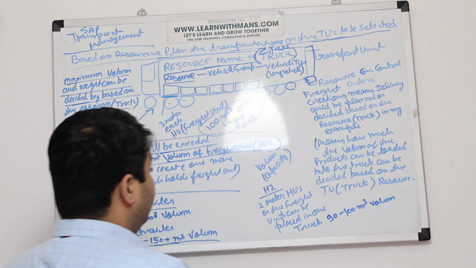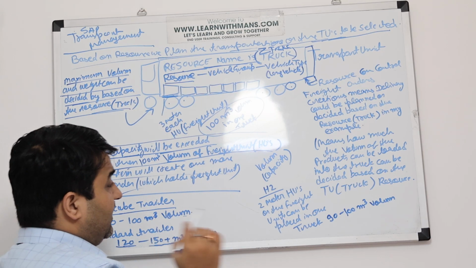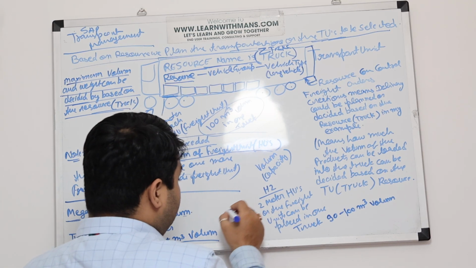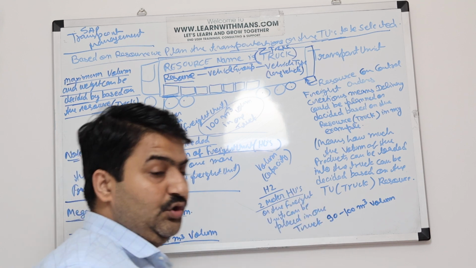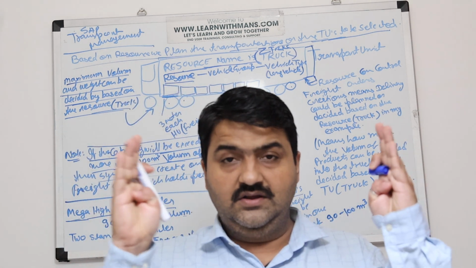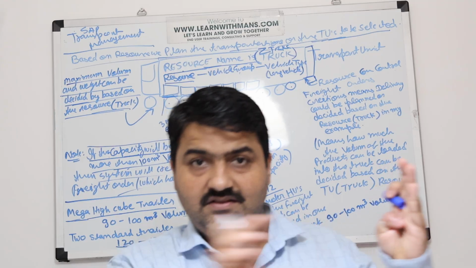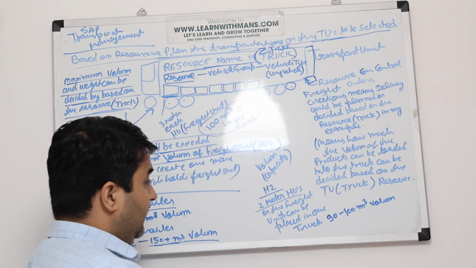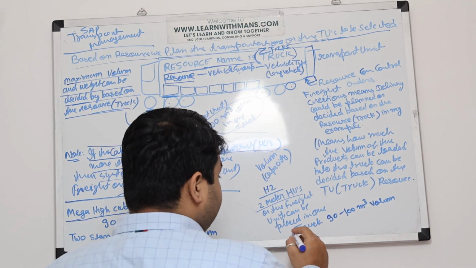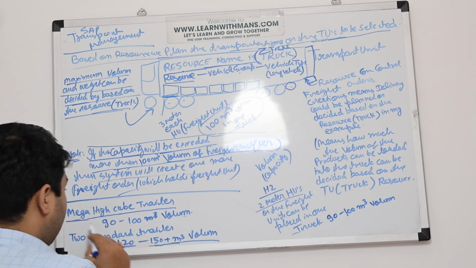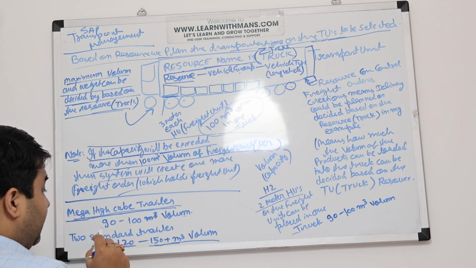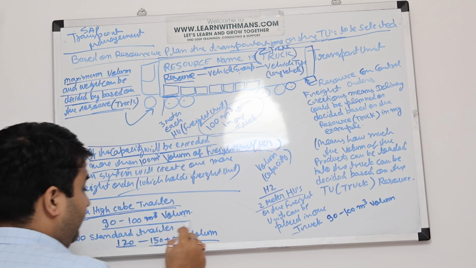Here in this truck I am going to send a freight unit, a handling unit, with a width of 2 meters. And I will select the mega high cube trailer which can hold 90 to 100 cubic meters of volume.